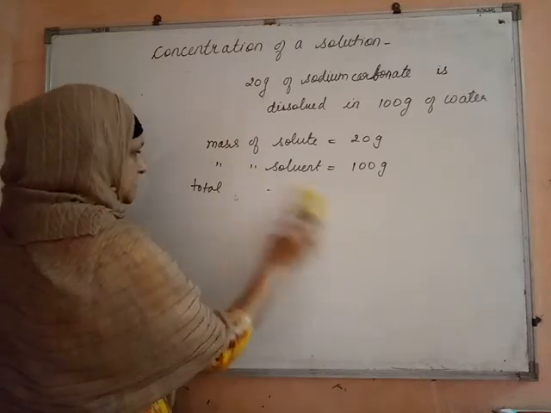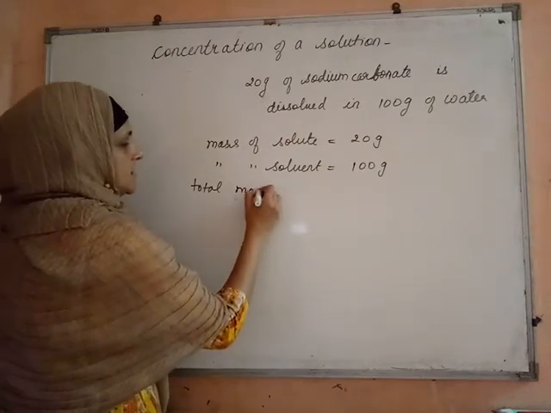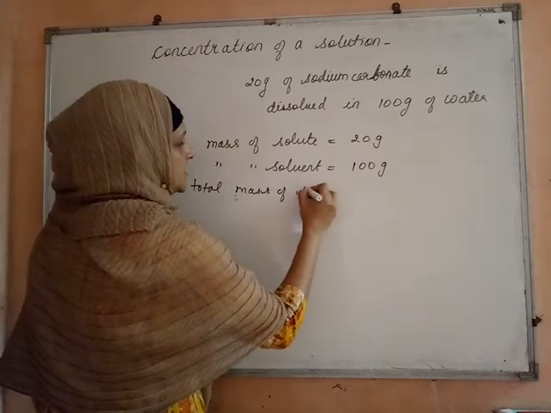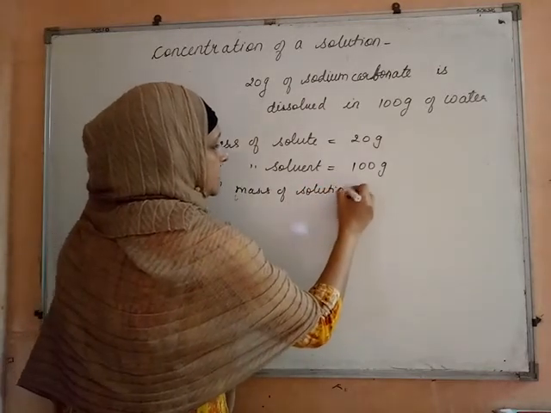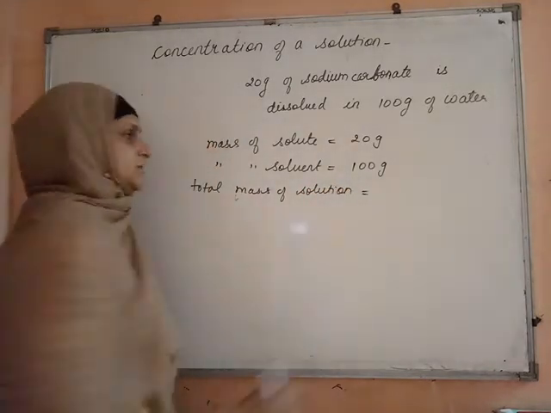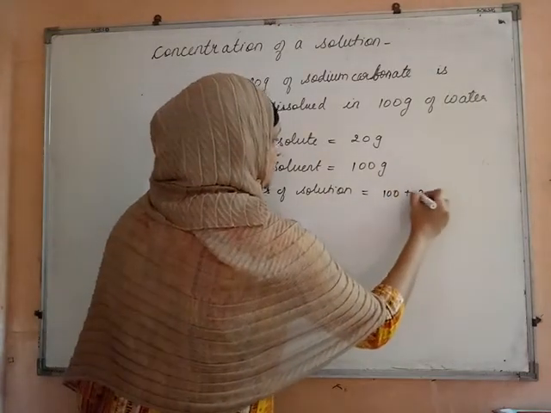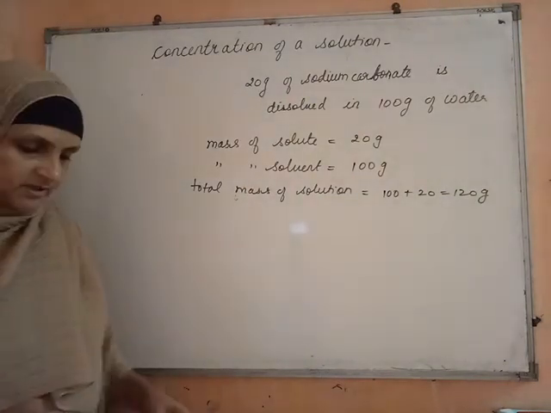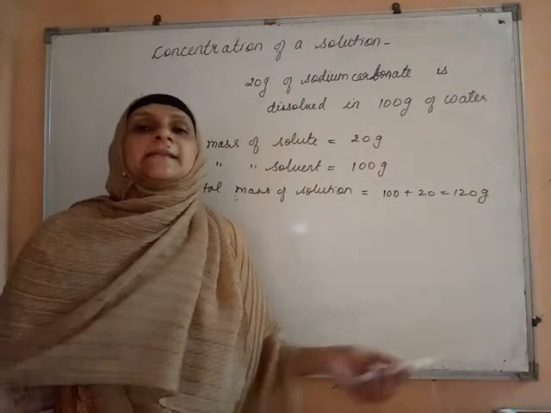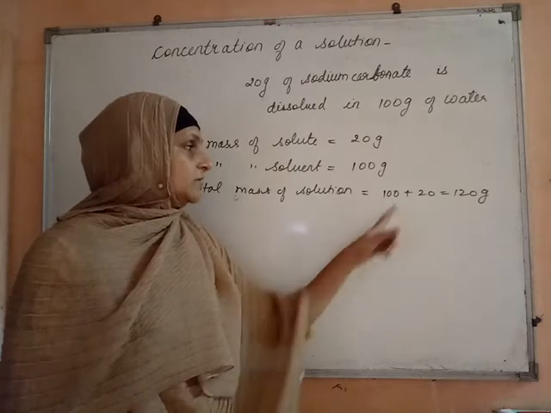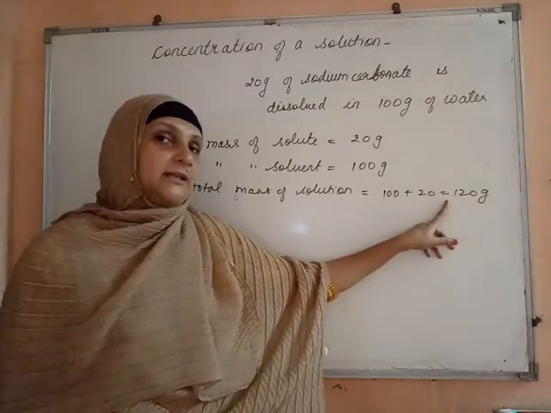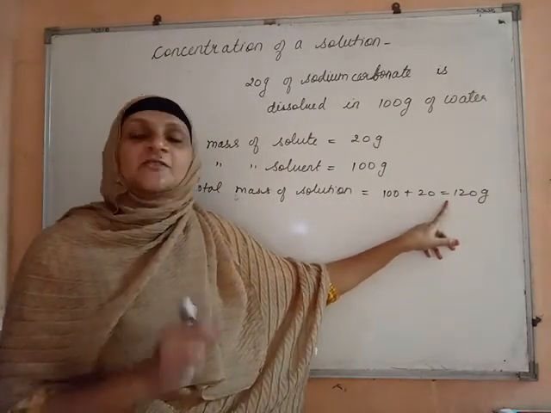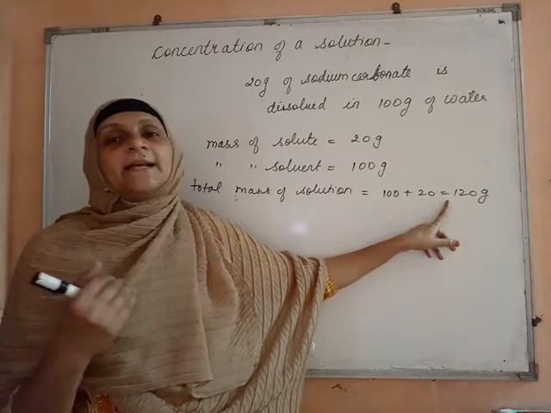You have to write down the total mass of the solution. After both are mixed, how much is the total mass? 100 plus 20. Because once we mix them, they don't remain separate. In calculations they will combine. Then only the solution results. So we don't consider mass of solvent separately.